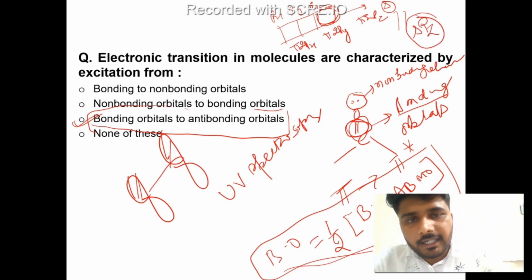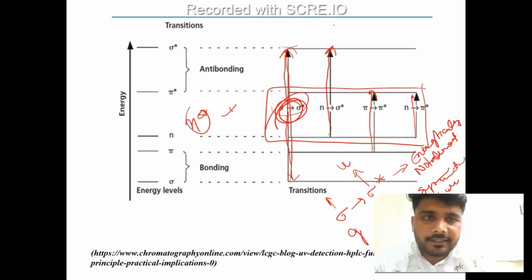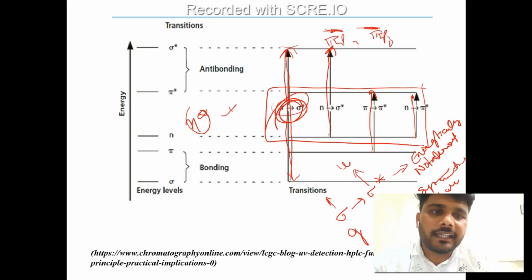Then the first two, pi 2px and pi 2py, will be of the same energy, right? So the molecule has two pi orbitals, pi 2px and pi 2py, and accordingly you can fill the electrons.